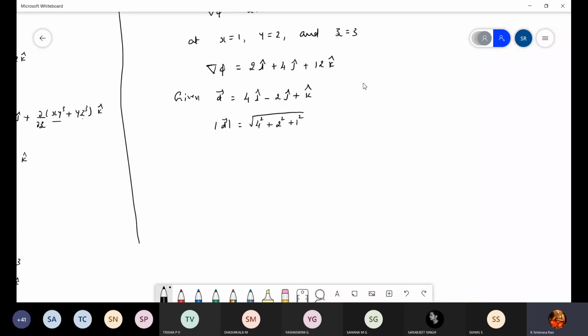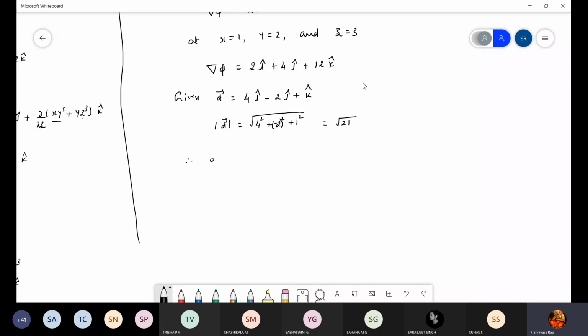Even if it is minus, you have to write plus only inside the square root, no negative. Otherwise, if you have a doubt, you can write minus 2 whole square. So you will get 16 plus 4 plus 1, 21, root 21. It's not a perfect square and we can't simplify it. Let it be. So this is the magnitude.